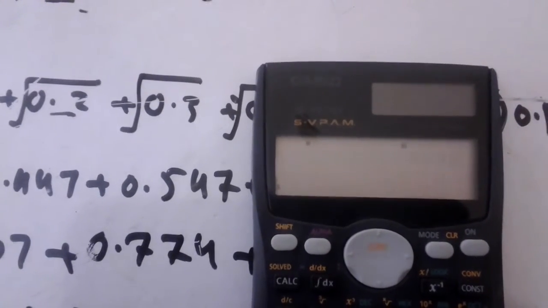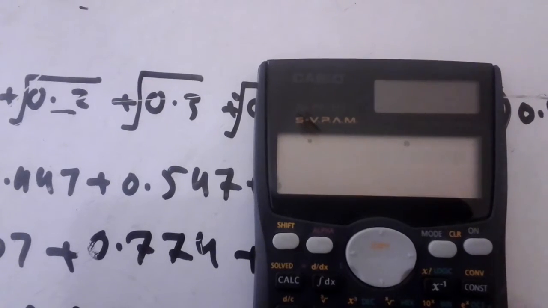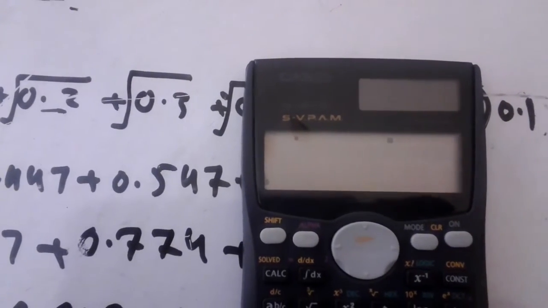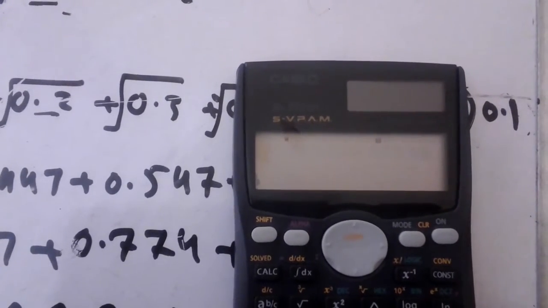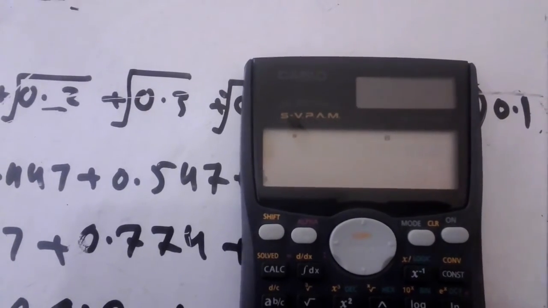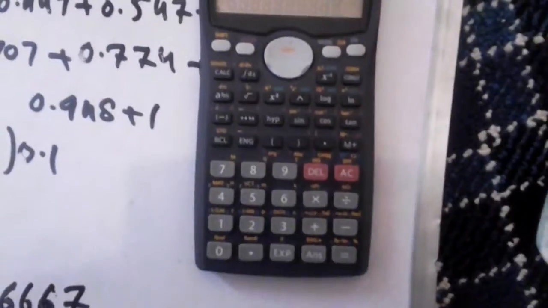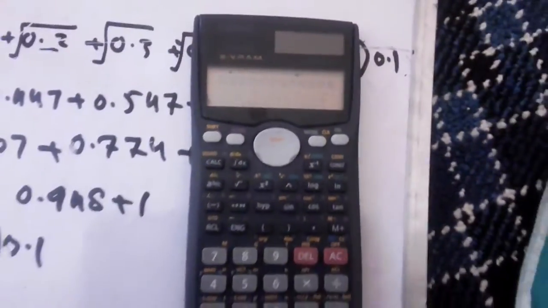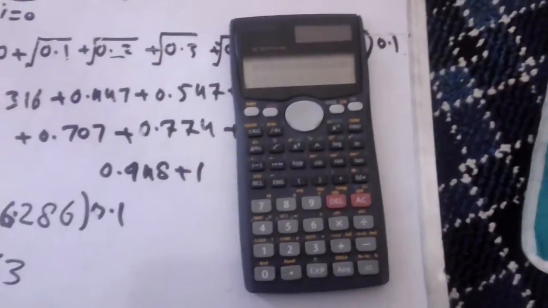Honestly, unexpectedly, I am showing the result. In the middle I paused the video for 5 minutes. After 5 minutes I started the video again. Here I am not touching the calculator. You can see the result here.